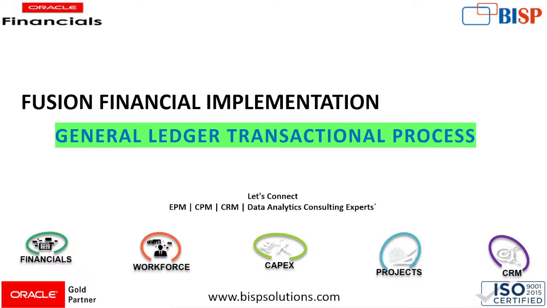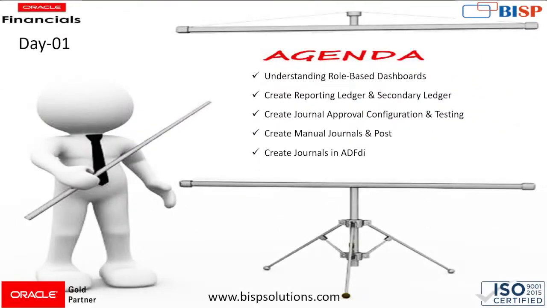So let us move to today's agenda. First we will understand the role-based dashboard. Then we will create a reporting ledger and secondary ledger, and then we will create journal approvals configuration in BPM worklist and test the same by creating a manual journal and posting the same.